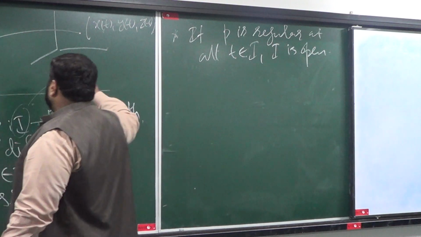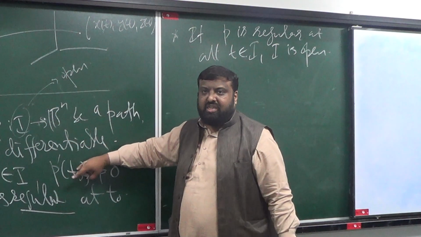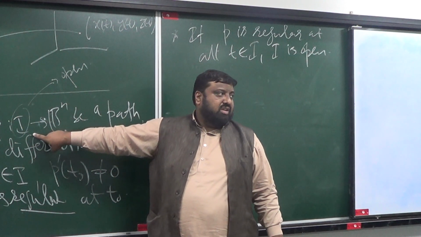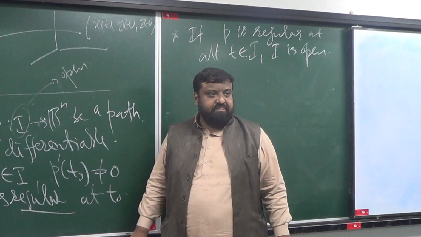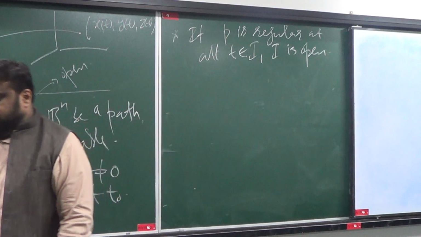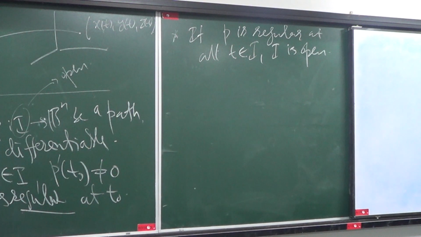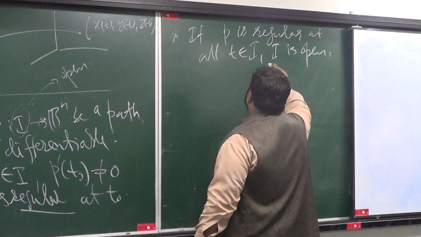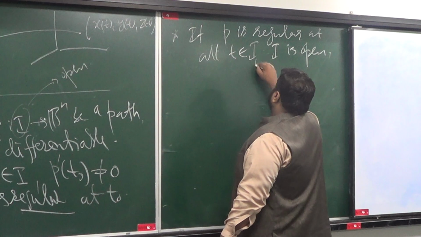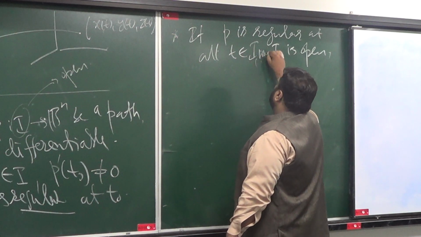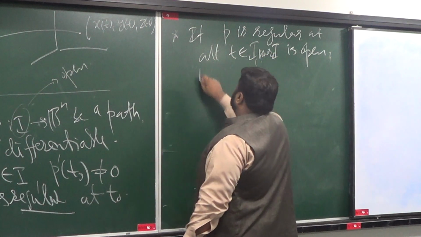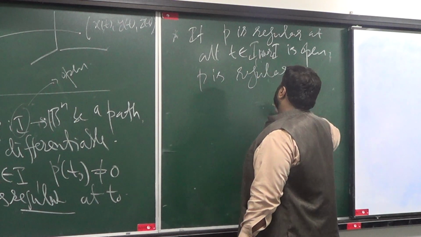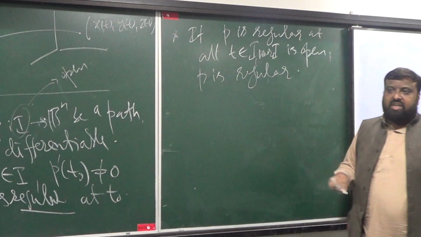But since you need differentiability here, the most natural assumption is the openness of the interval I. So if P is regular at any point in I, where I is open, then P is regular. Okay, P is regular. So the path is regular.